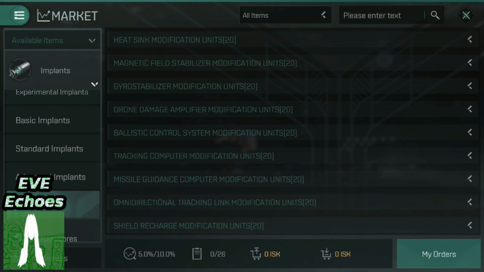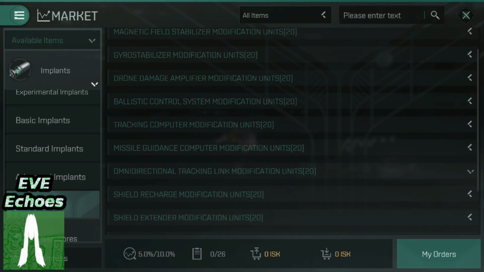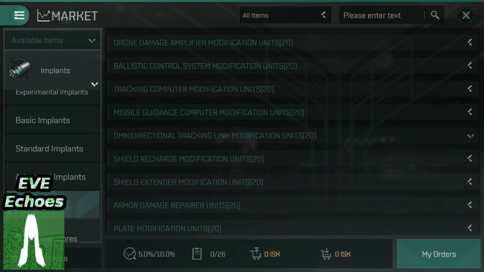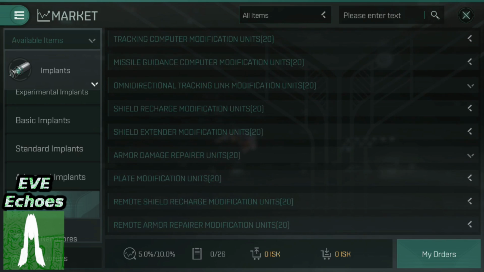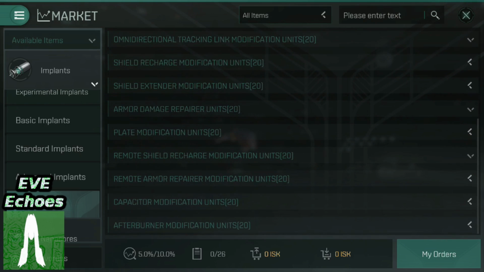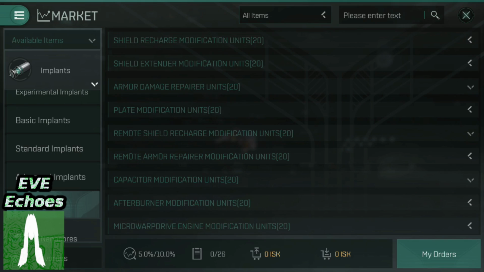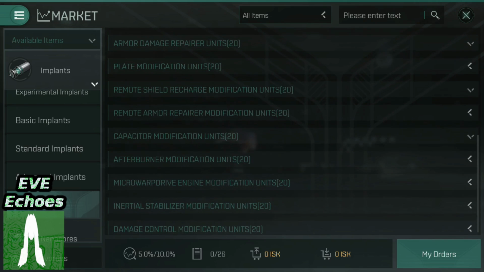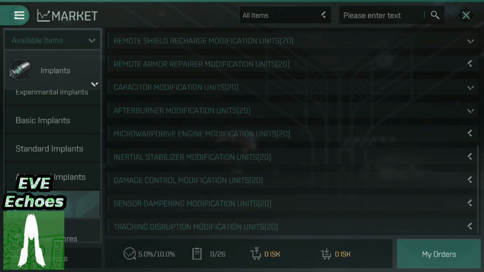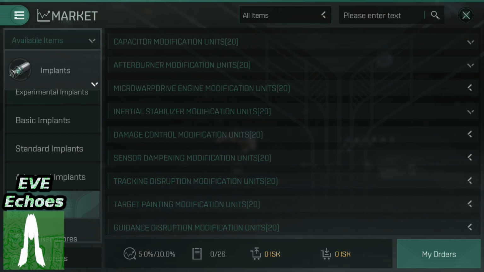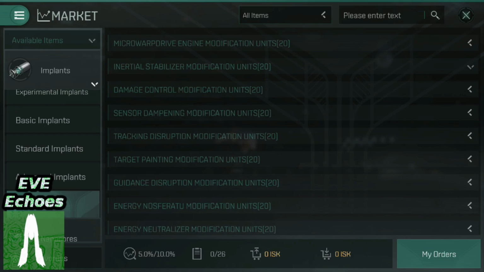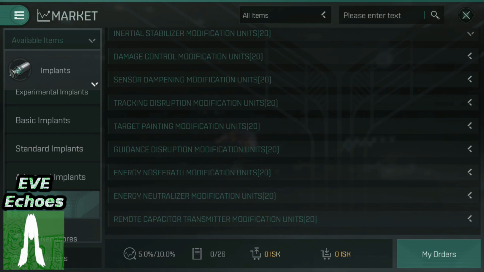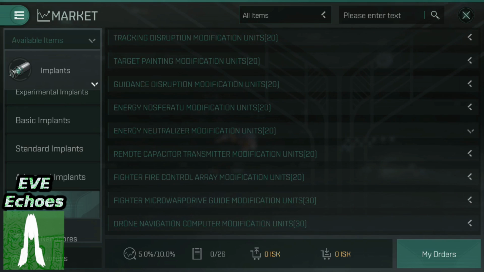So we have the heatsink, magnetic field stabilizer, gyro stabilizer, damage control amplifier, ballistic control system, tracking computer, missile guidance computer, omnidirectional tracking link, shield recharge, shield extender, armor damage repairer, plate modification, remote shield recharge, remote armor repairer, capacitor modification, afterburner modification, micro warp drive engine, inertial stabilizer, damage control, sensor dampening, tracking disruption, target painting.